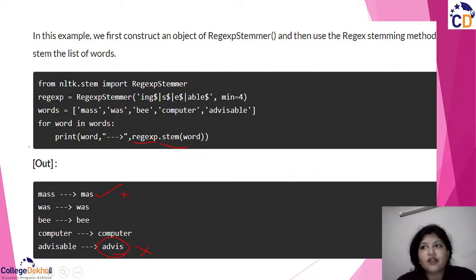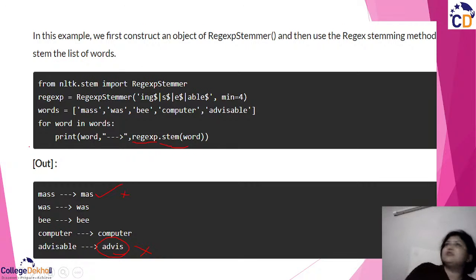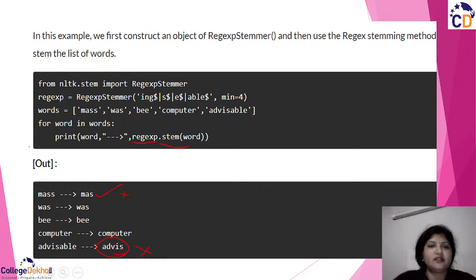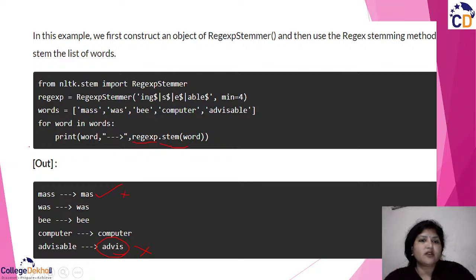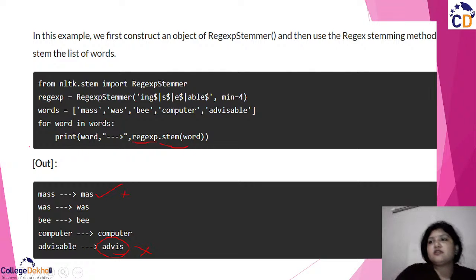So I hope you have understood all the topics which we have covered today: the functions, the types of stemmers, and the applications of stemming. When we cover stemming, most students get confused. Students say both are the same, lemmatization and stemming, ma'am; stemming is removing the affixes, and lemmatization is also removing the affixes. But you should understand the basic part.